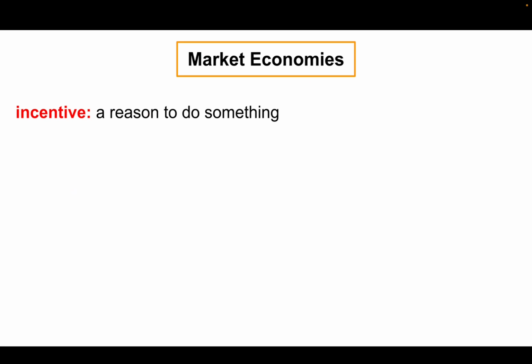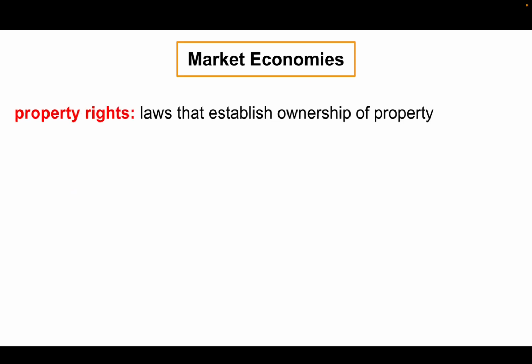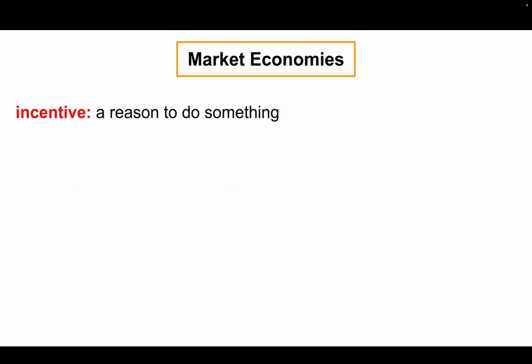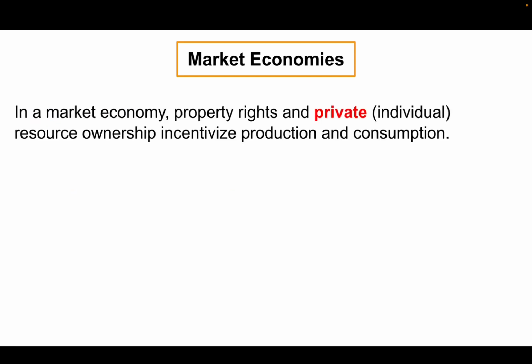So incentives are super important in a market economy, and market economies do a great job of creating those incentives. And of course, property rights, as we talked about, help with that. So, in a market economy, property rights and private or individual resource ownership incentivize production and consumption, as we just talked about. Just to summarize that point.